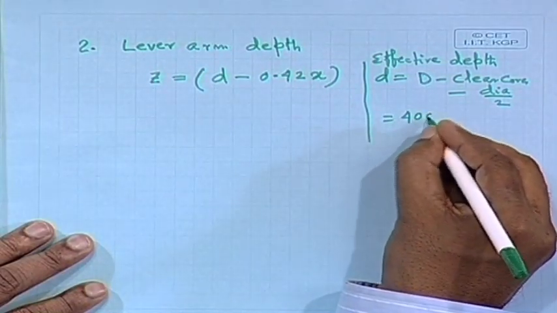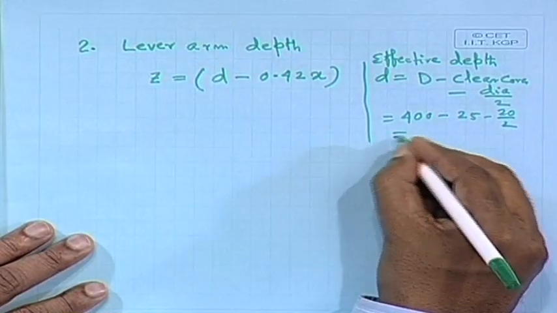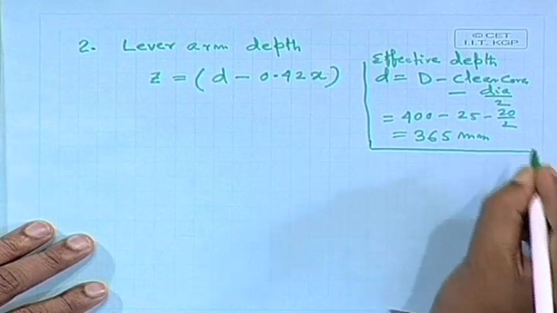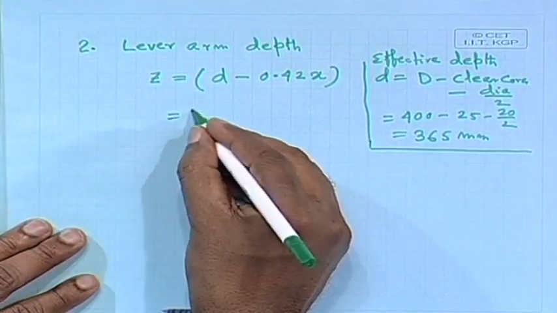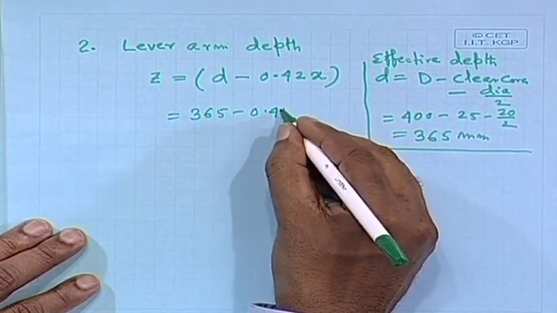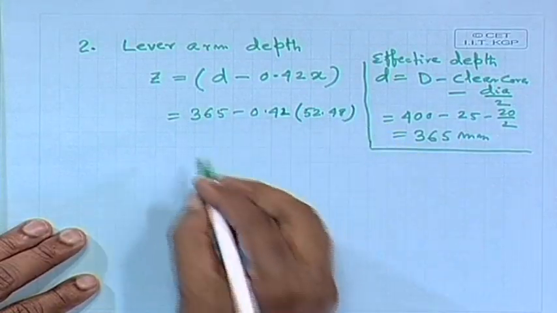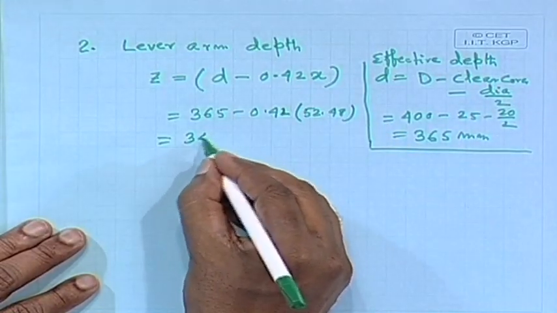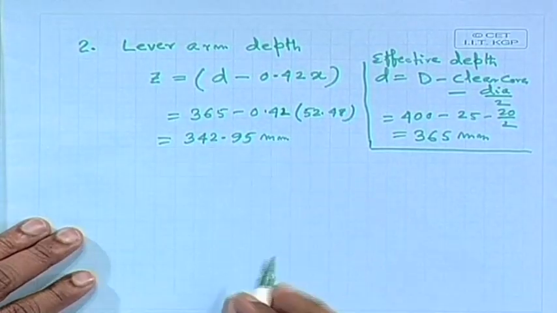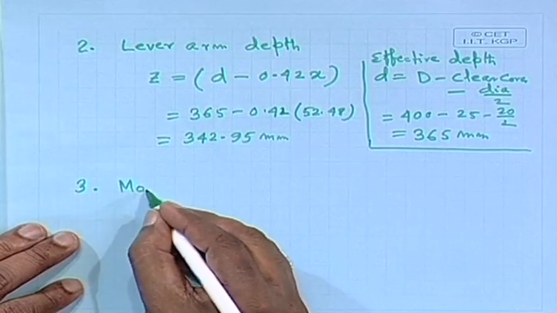So, 400 minus 25 minus 20 by 2, which comes as 365 millimeter. Z equal to 365 minus 0.42 times 52.48 equals 342.95 millimeter.